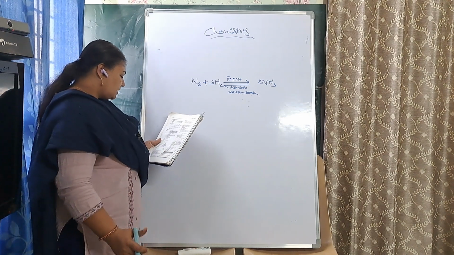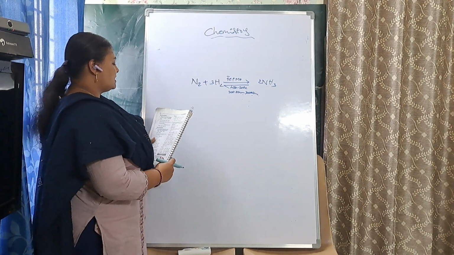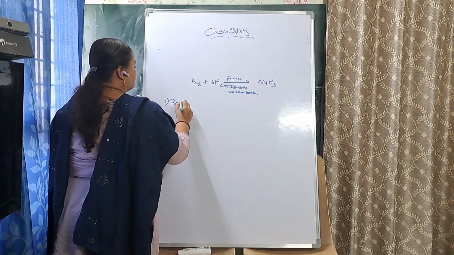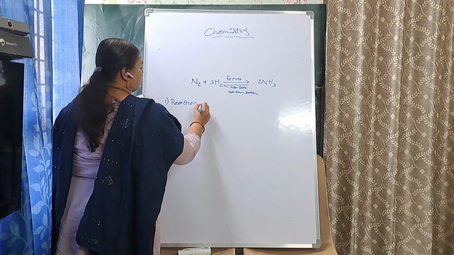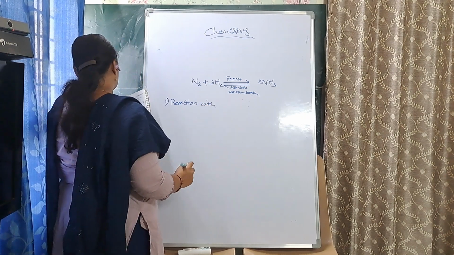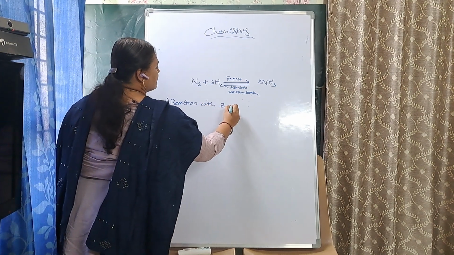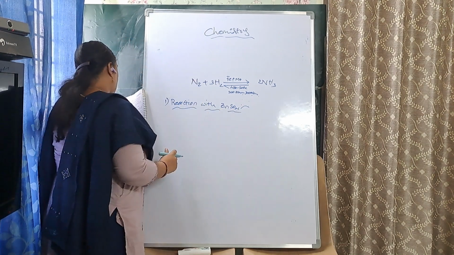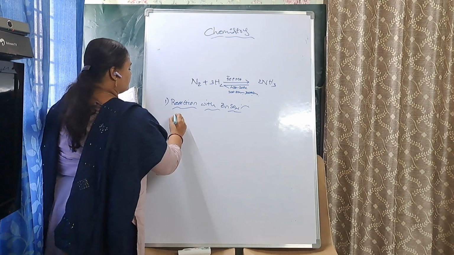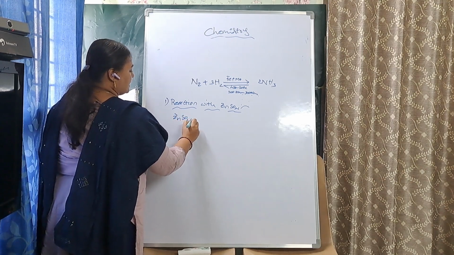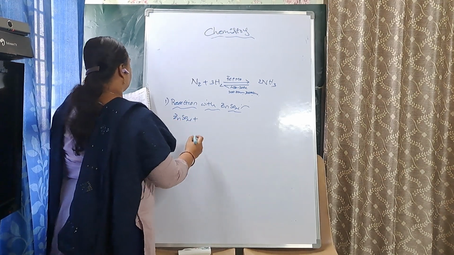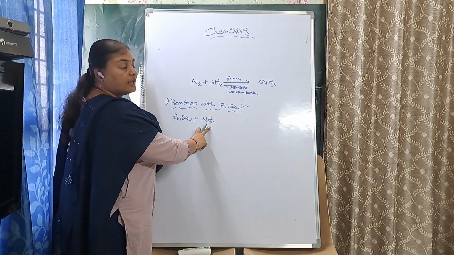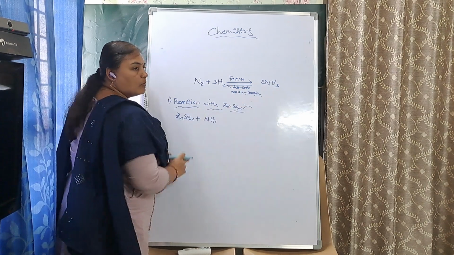And here next reactions. In the reactions, first reaction with zinc sulfate. When ammonia reacts with zinc sulfate, here we are taking ammonium hydroxide. Ammonium, NH4OH, in the sense ammonium, NH3 in the sense ammonia.